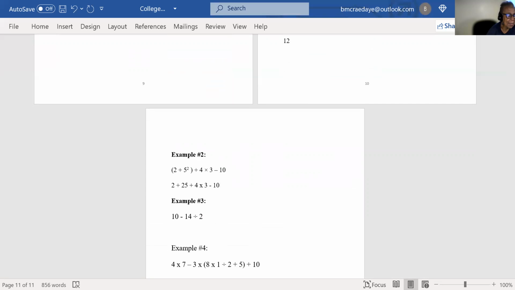Now, what do you do next? What comes next? All right, the next one is what? The multiplication, 4 times 3. So let's just write this. 2 plus 25. And 4 times 3 is 12. So that's plus 12 minus 10. Now, what do you do next? What's the next thing that you do?